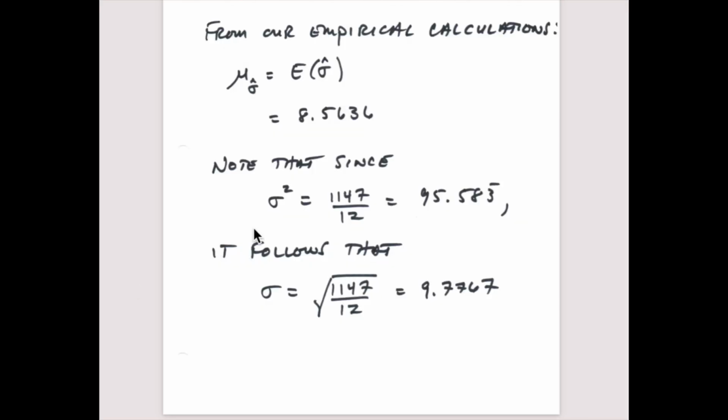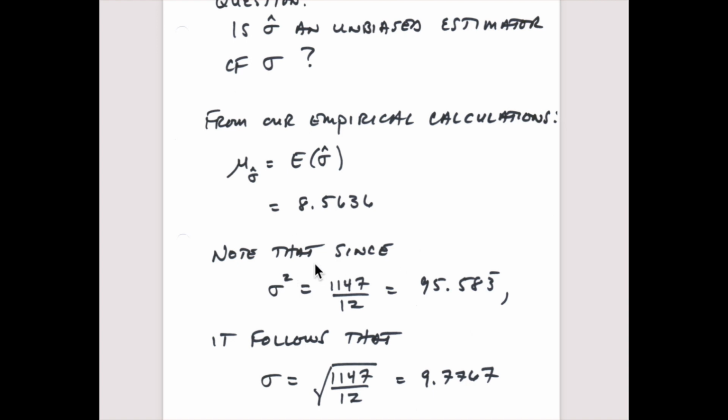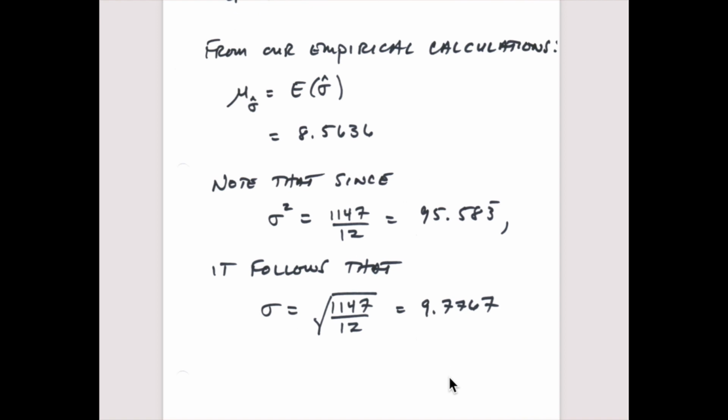And so going back to our question, is sigma hat an unbiased estimator of sigma? Well, from our empirical calculations, the mean of the sampling distribution of sigma hat, in other words the expected value of sigma hat, is 8.5636. Now, recall that the population variance was shown to be 95.583 repeating, and so it follows that the standard deviation of the population is the square root of that, which is 9.7767.